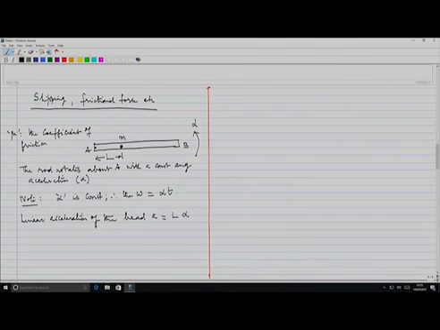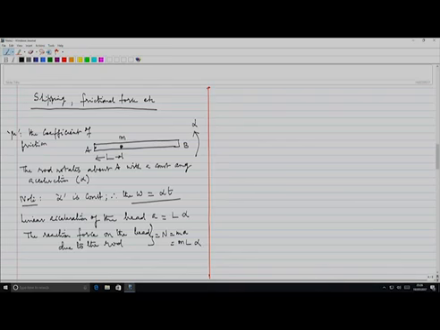Then the reaction force on the bead due to the rod, which I will call N, must be the same as M into A. This is M into L into alpha. And we have taken this angular velocity to be alpha times t.